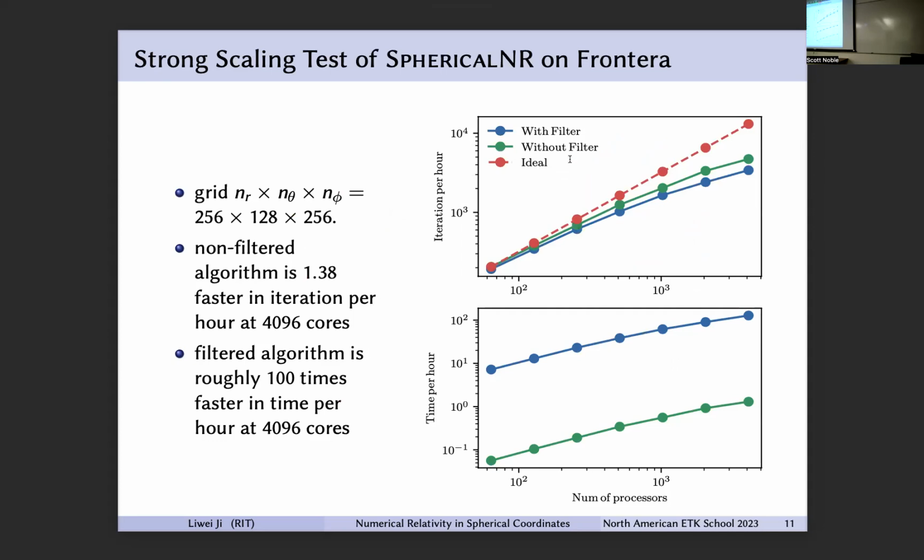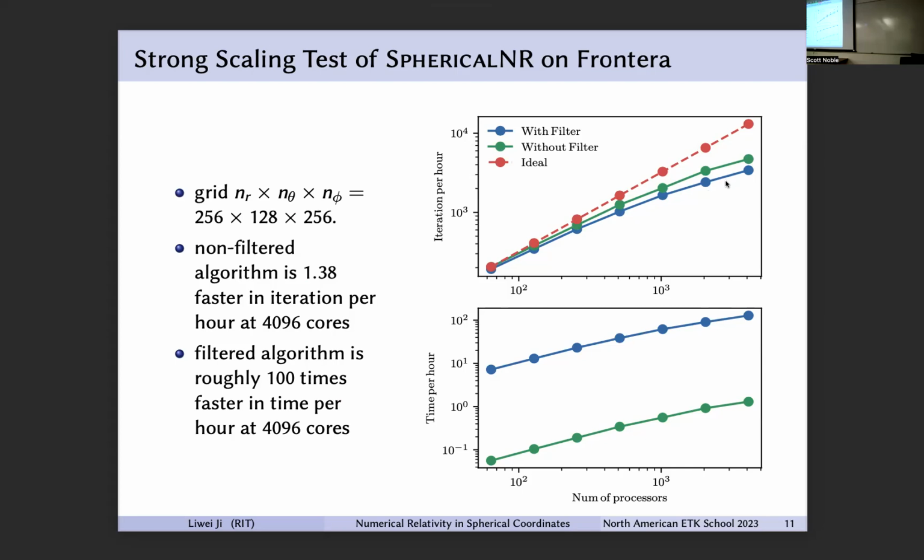So here's the scaling test of the filter. The top panel is iteration per hour, and the green one is without filter, and the blue one is with filter.